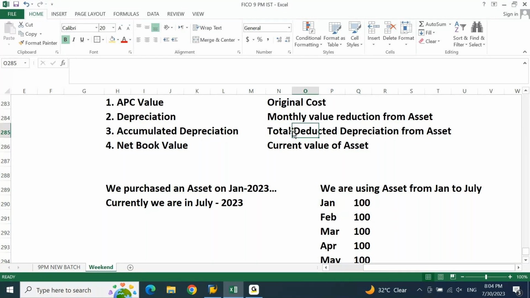Same amount, 100. If I talk about July? 100. Whatever the month I am talking about, you are going to mention the depreciation posted in that particular month. Correct, sir? Yes, depreciation is that particular month value.